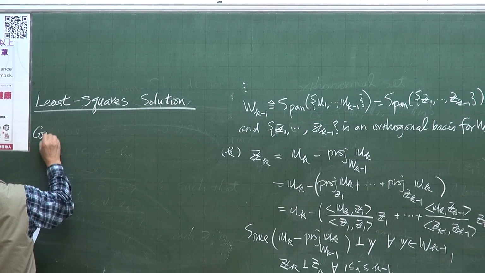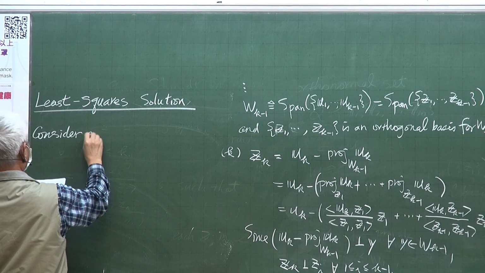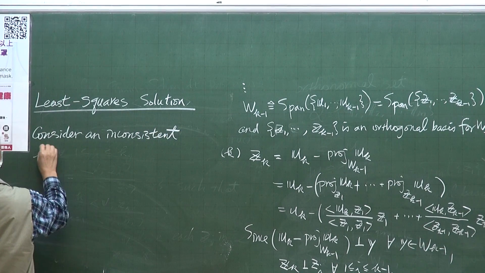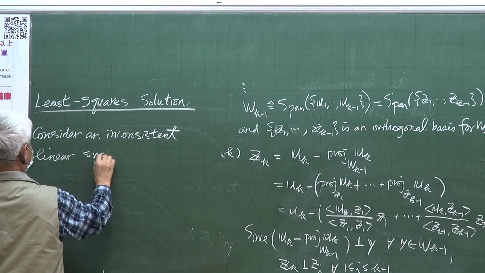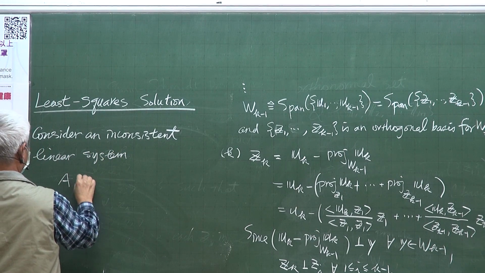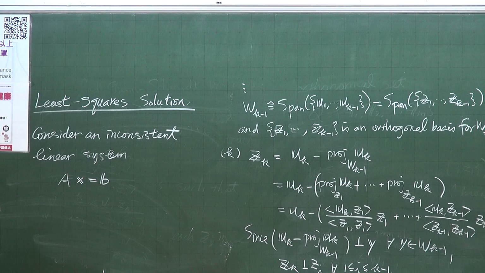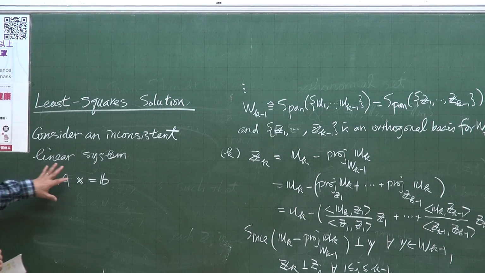Now consider an inconsistent linear system AX equal to B. Before, if we encountered an inconsistent linear system, we would say there is no solution at all, and we just leave the problem there and don't treat it.